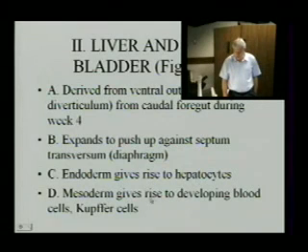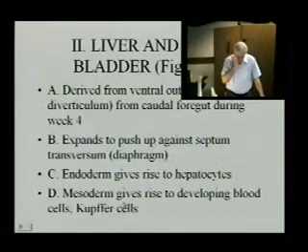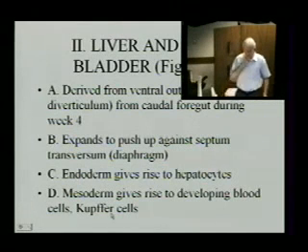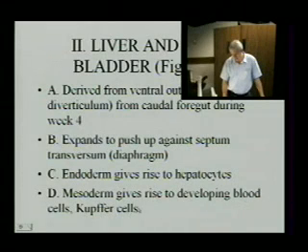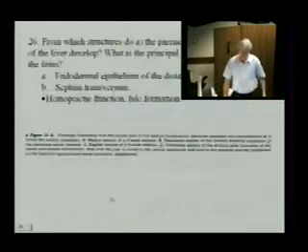The mesoderm gives rise to the blood cells that are produced by the liver, the blood-producing cells. It occurs in the liver at a certain point, and other cells called Kupffer cells that are phagocytic cells. So if we think of it, these are cells that logically would be developing from mesoderm or mesenchyme.